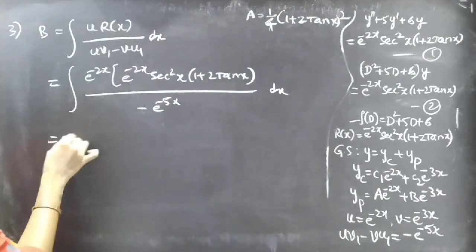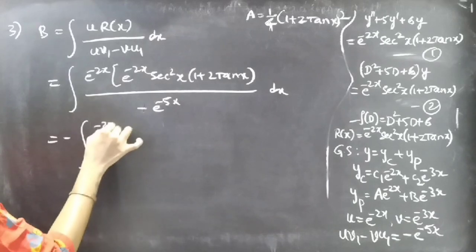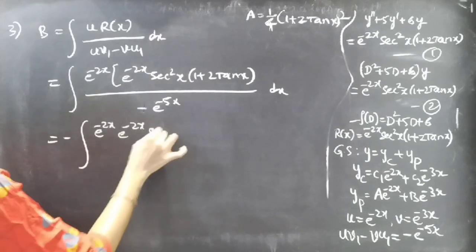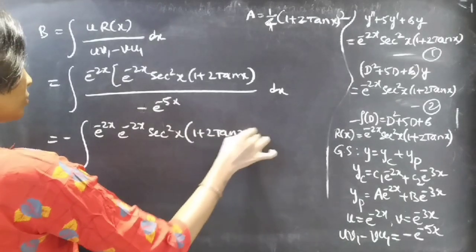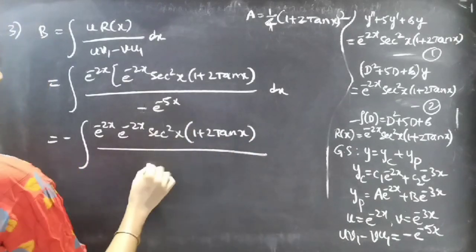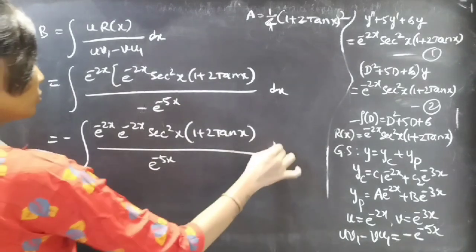This is equal to minus integral e power minus 2x into e power minus 2x secant square x of 1 plus 2 tan x by e power minus 5x into dx.